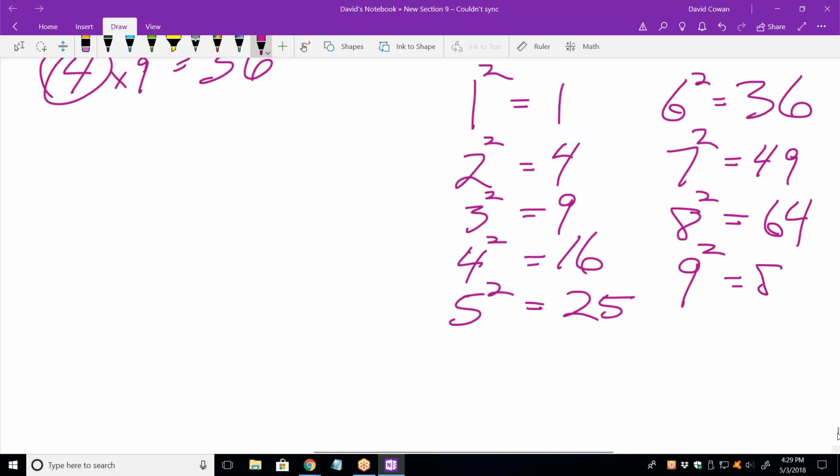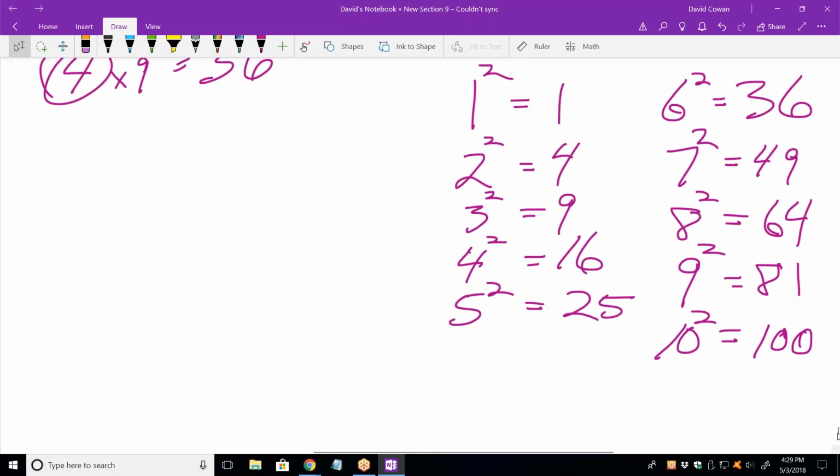What's the second digit got to be? 1. That's it. And 10 squared is 100. It's however many zeros. 10 squared means 2 zeros. 10 cubed means 3 zeros. So 10 cubed is 1,000.